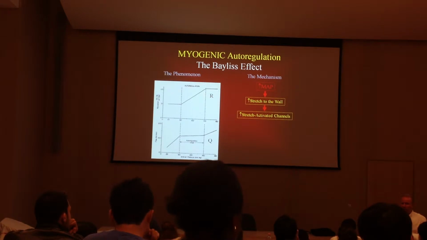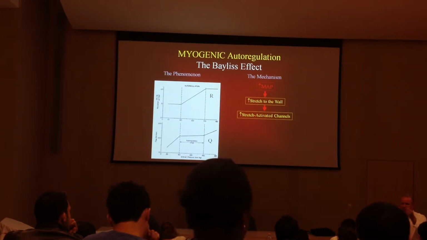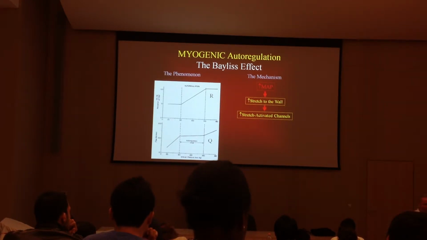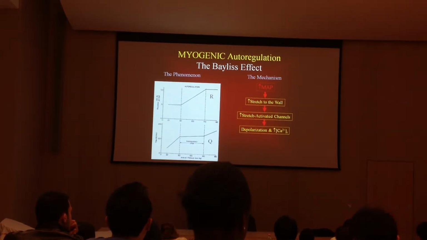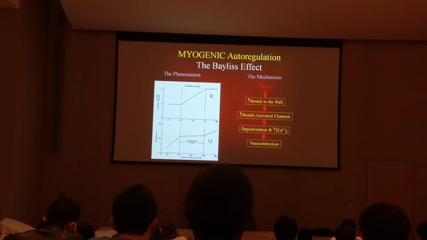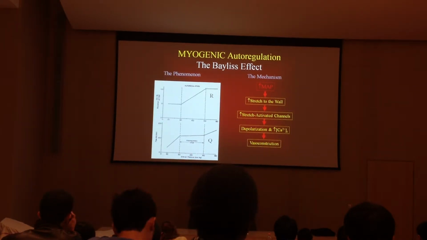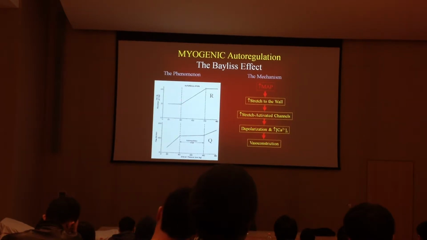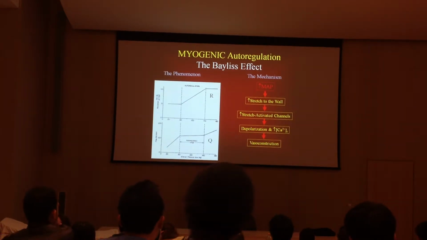And you know that if you have a driving force of positive charges coming into an excitable cell, this is immediate depolarization, and if calcium comes into the muscle cell, you have a good chance that you have contraction. So here you have a depolarization and the increase of the intracellular calcium concentration, which results in vasoconstriction. So the mean arterial pressure increase, or the pressure gradient that is increased within that segment, immediately results in an increase of the resistance.